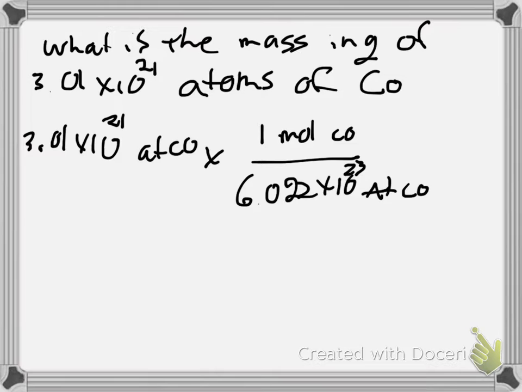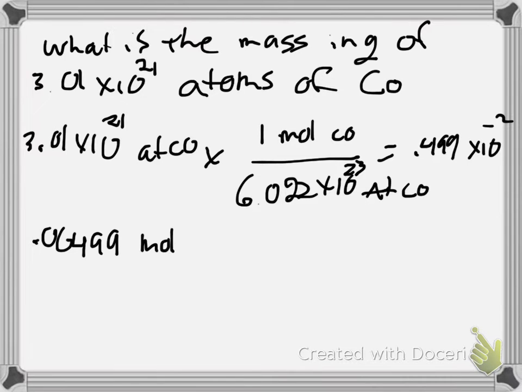So you're going to wind up with something along the lines of 0.499 something times 10 to the -2, which you could also just write as 0.00499, right? And then that's moles of cobalt.